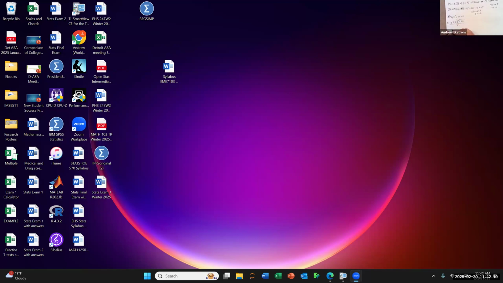Plug in our numbers: negative 5 plus or minus the square root of 5 squared minus 4 times a times c, divided by 2 times a. Can you work with those numbers and figure out what values we're going to get?